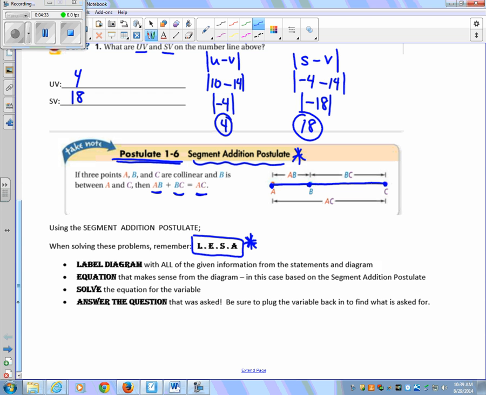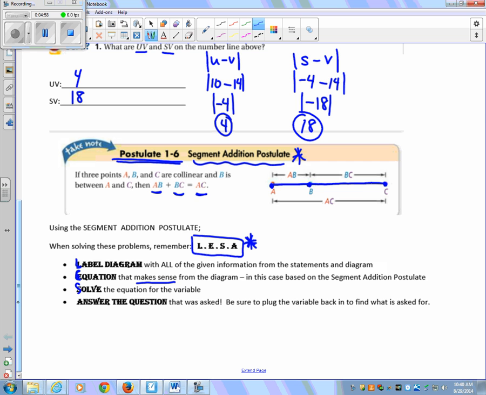It's very important to always remember to L, label your diagram with all of the information that you know. E, write an equation that makes sense from the diagram. You're not just going to write an equation that you think looks good. It has to actually correspond with the given diagram and the information.